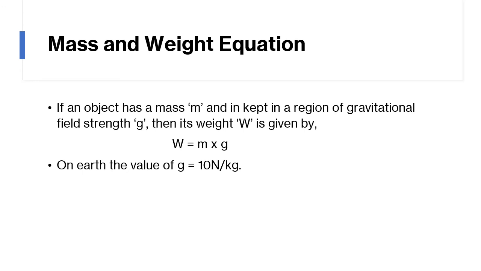If you go to another planet, if their gravity is less than that on Earth, you will weigh less there. If the gravity is more than that on Earth, you're going to weigh more there. And if you go to outer space where there is no gravity, you're going to be weightless.